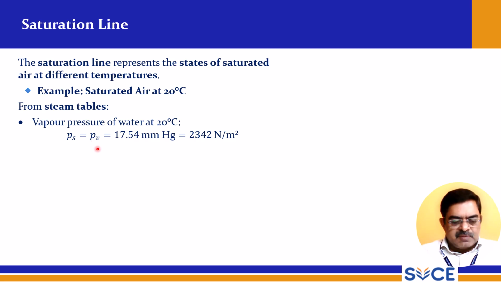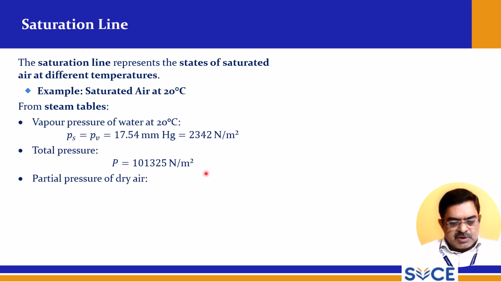PS equal to PV is 17.54 mm of Hg, which is 2342 Newton per meter square. The total pressure is 101325 Newton per meter square.